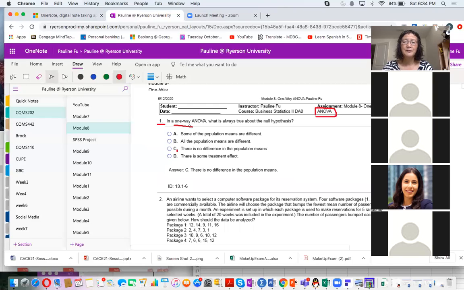There is only one factor, section, okay? If you not only compare 3 sections of CQMS 202, you also want to compare whether there is a difference between international students and domestic students across 3 sections, then you have 2 factors.